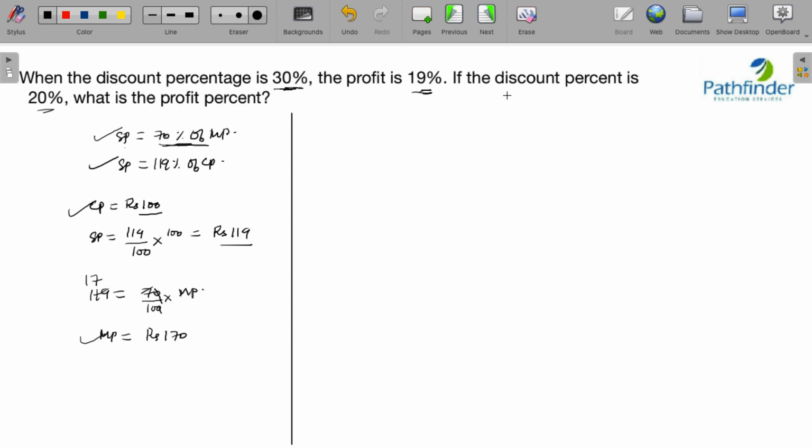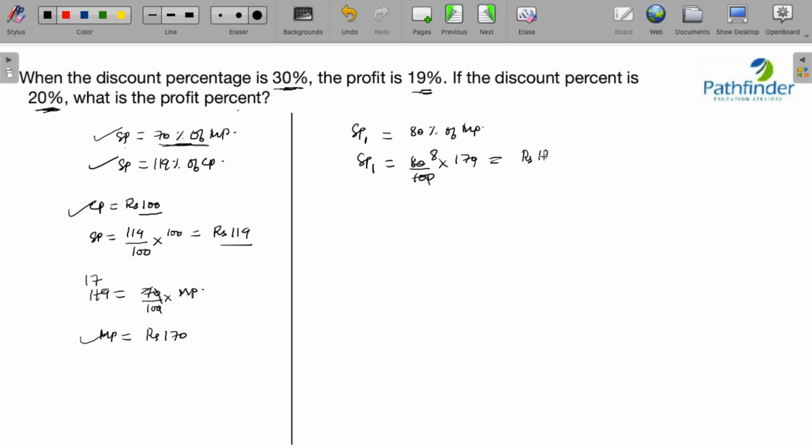This is an important piece of information which we have calculated here. Now the question says, if the discount percentage is 20%, what is the profit percent? Now you've got another discount percent, so the new selling price must be 80% of the marked price. So new selling price is 80 by 100 into 170. You can also calculate 20% and subtract from it. So you have 17 8s are 136.